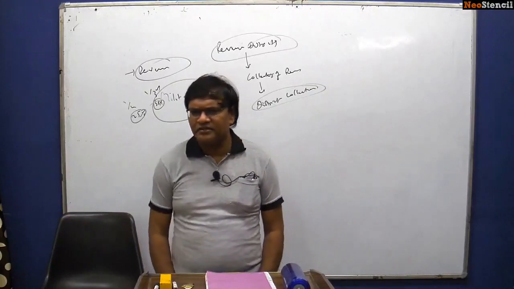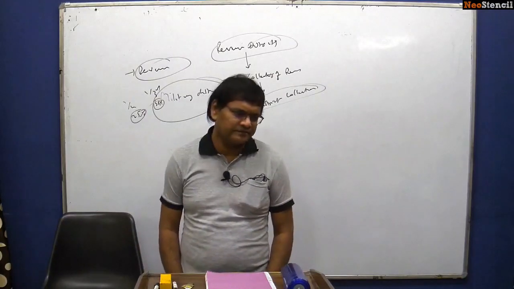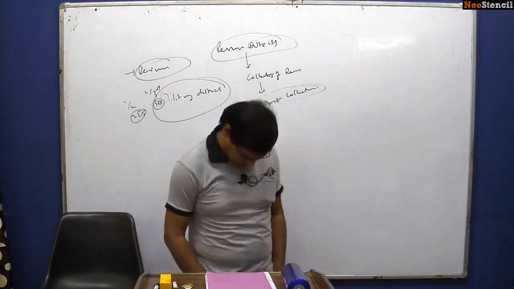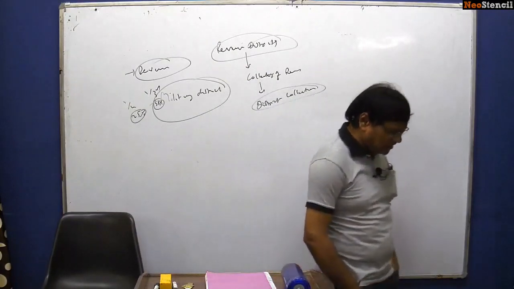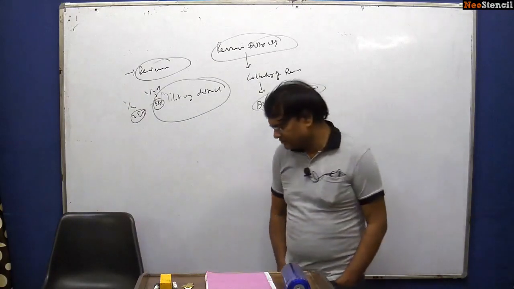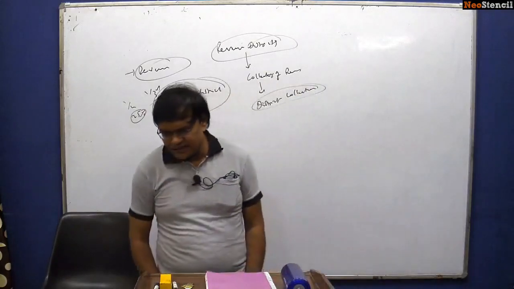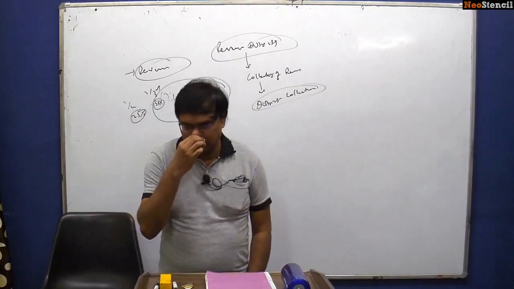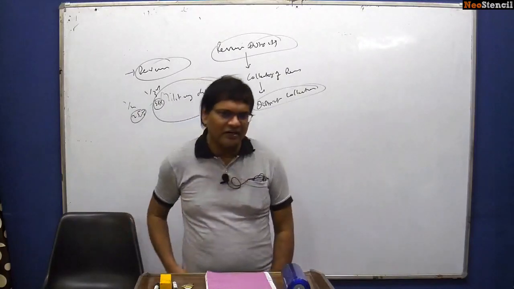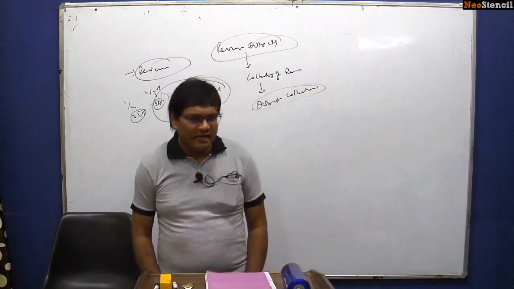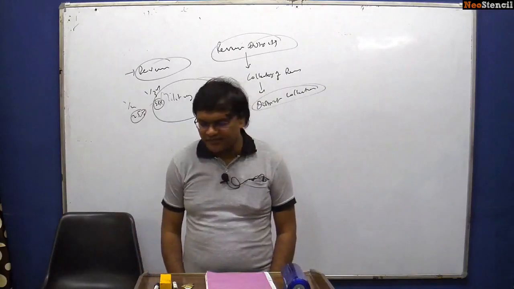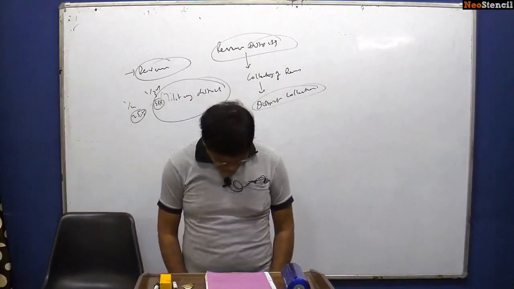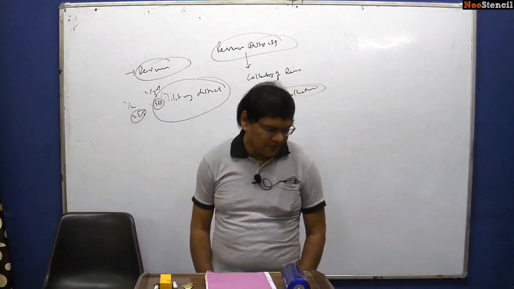They had also introduced accounting and auditing systems. They also introduced institutions like CAG, Comptroller and Auditor General of India.